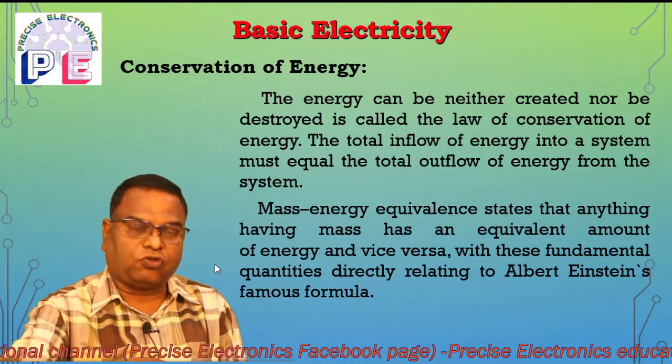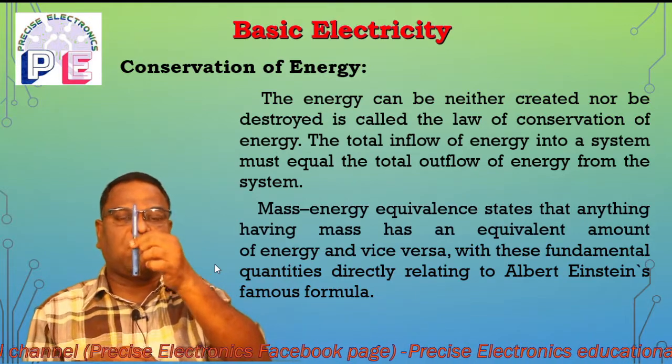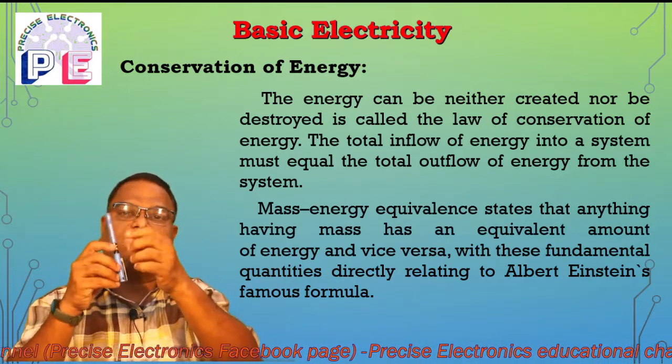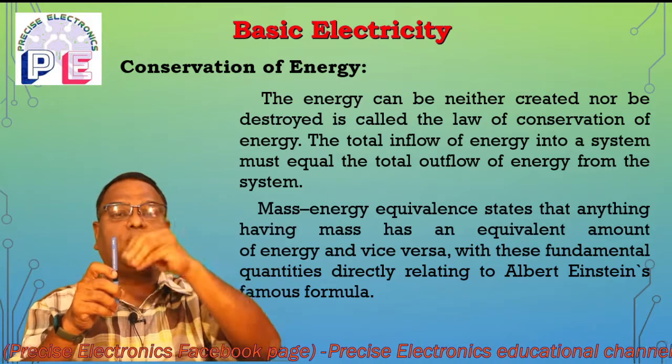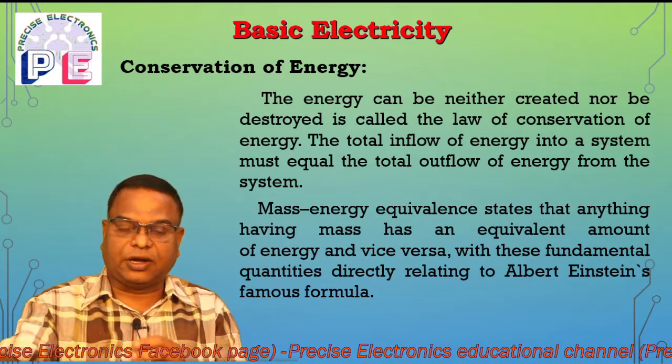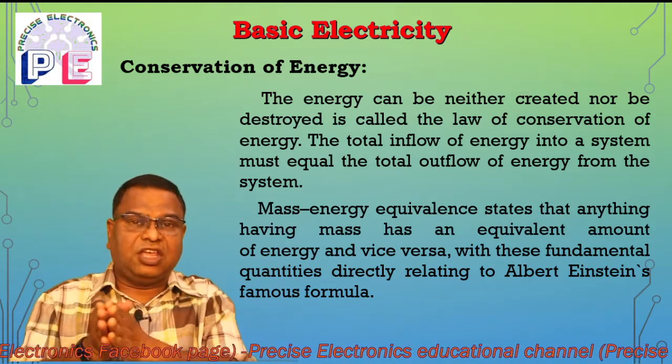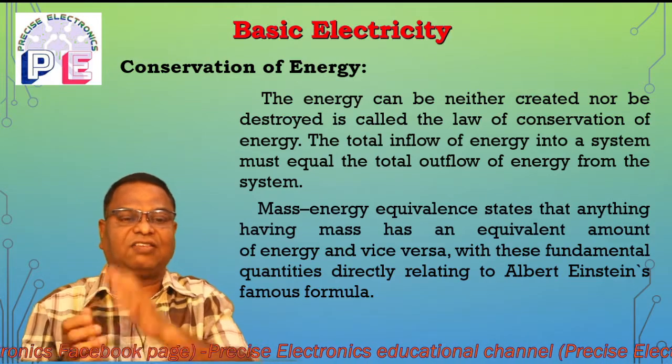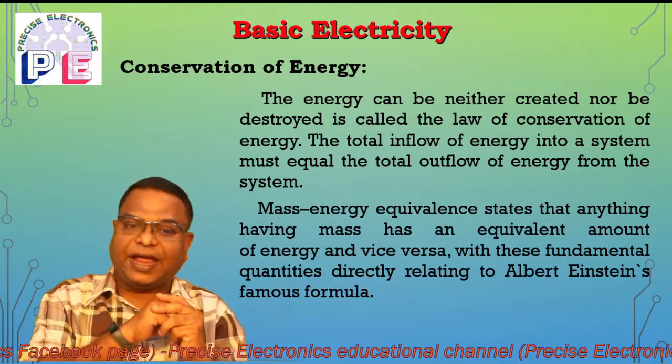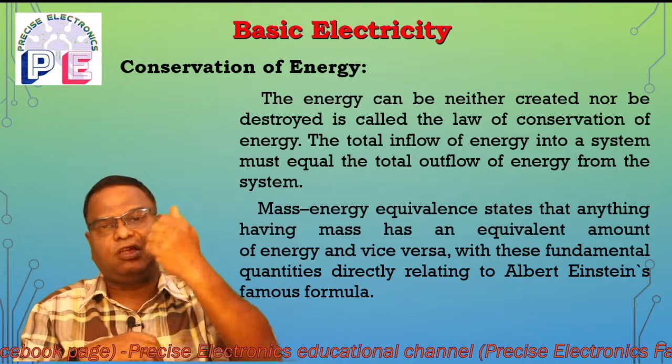Suppose this pen has a mass, so obviously this pen has an equivalent amount of energy. That means anything having mass has an equivalent amount of energy, and obviously vice versa.